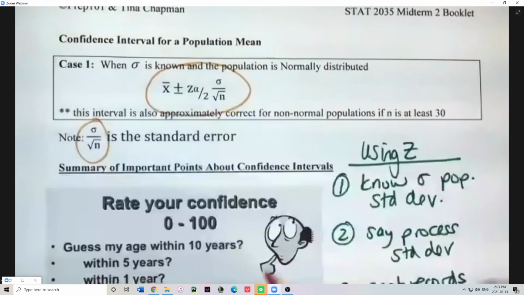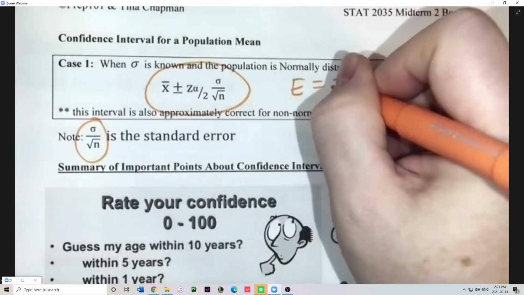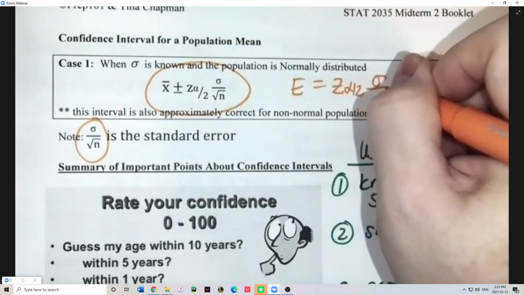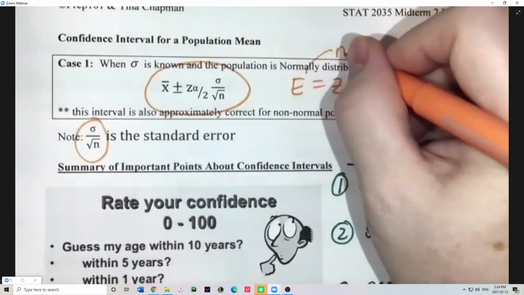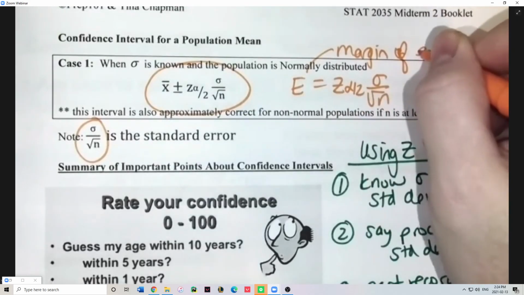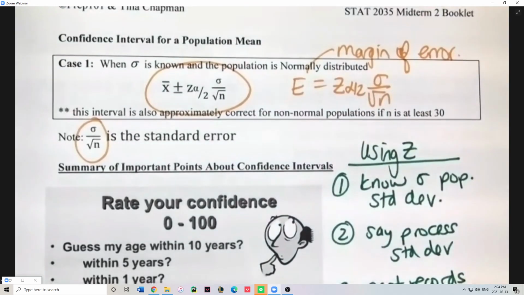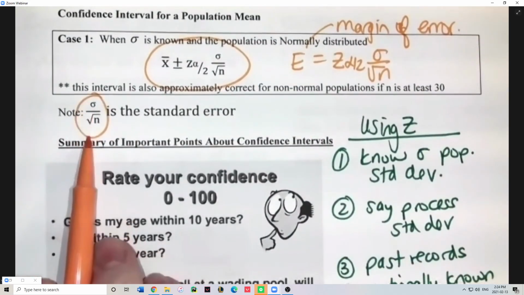Sigma over root n is called the standard error. The margin of error is the whole thing, Z alpha over 2 times sigma over root n. And the standard error is just sigma over root n.